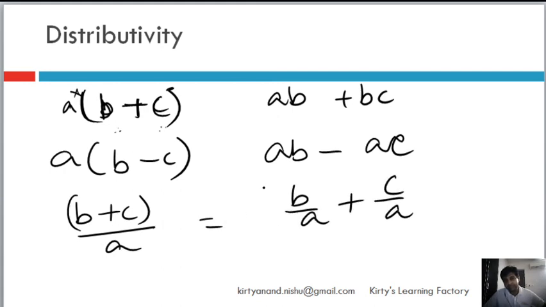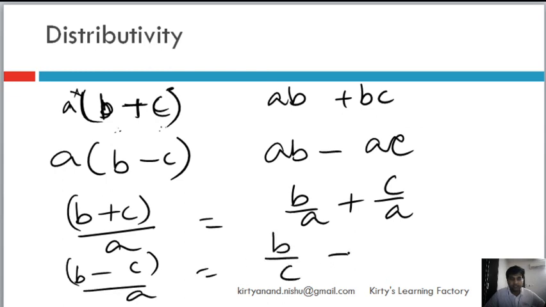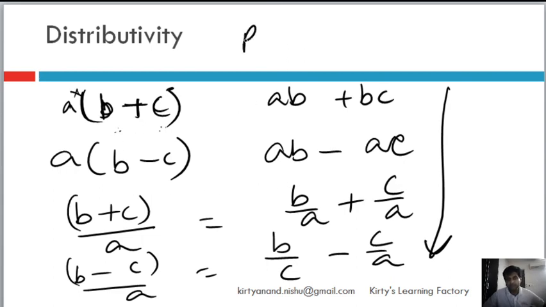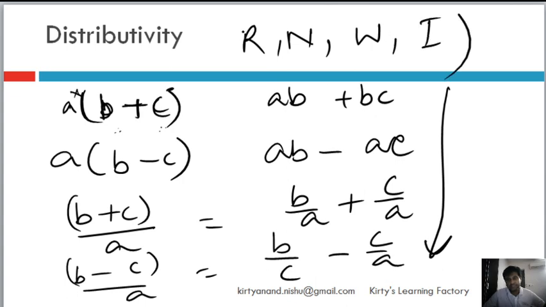This is nothing but how you find out the sum of two fractions. And once again in subtraction as well, it is distributed: b by a minus c by a. So this is distributivity, and it is applicable on rational numbers, natural numbers, whole numbers, integers, in all the cases except where the denominator is 0.